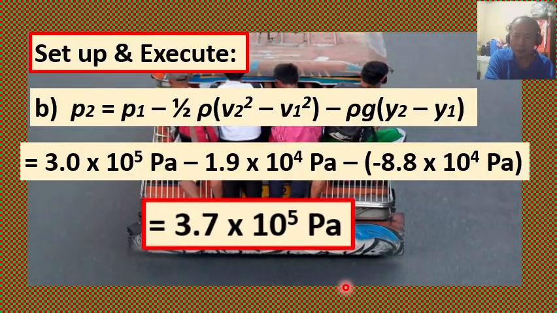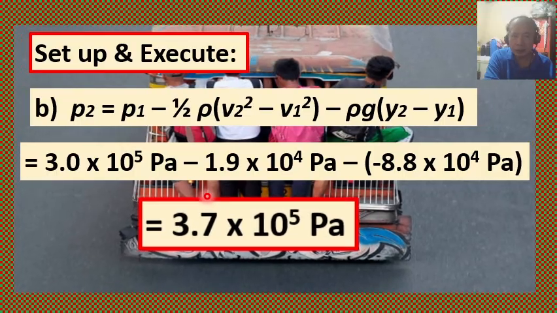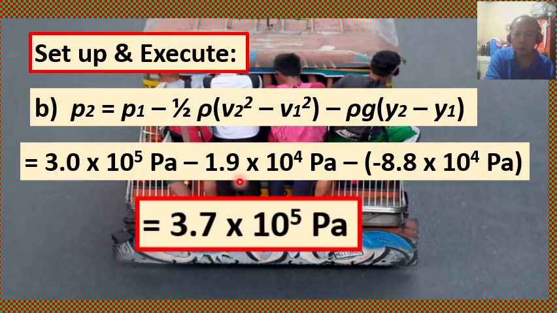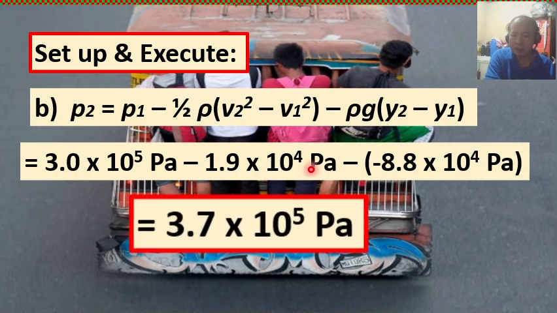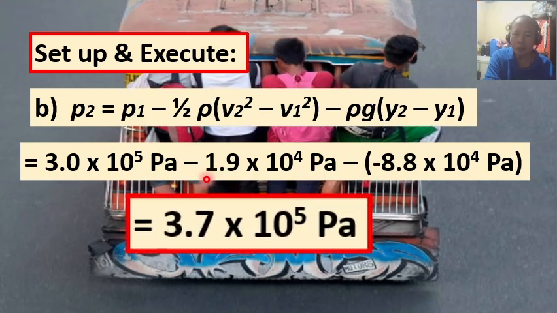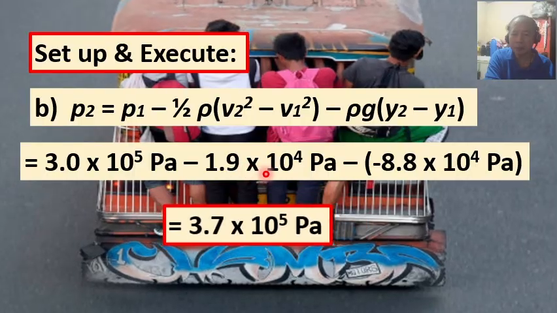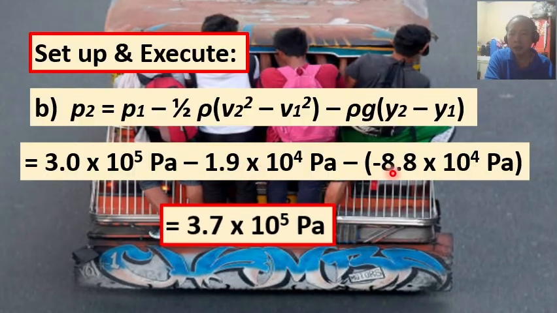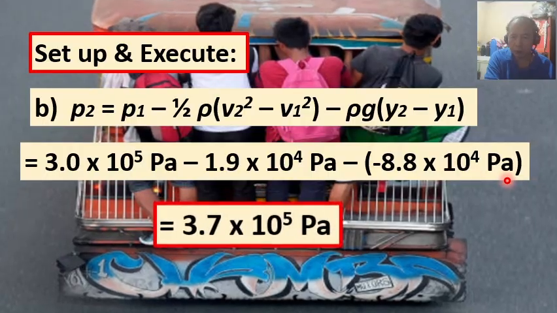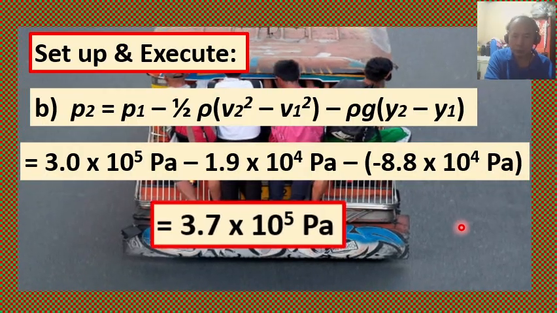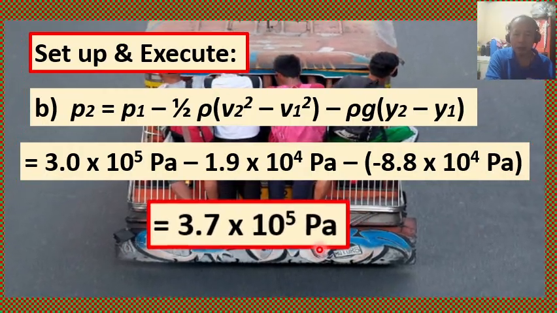And that will be equal to the sum of negative 1.9 times 10 to the 4th power and positive 8.8 times 10 to the 4th power Pascal. That is one way of checking our answer.